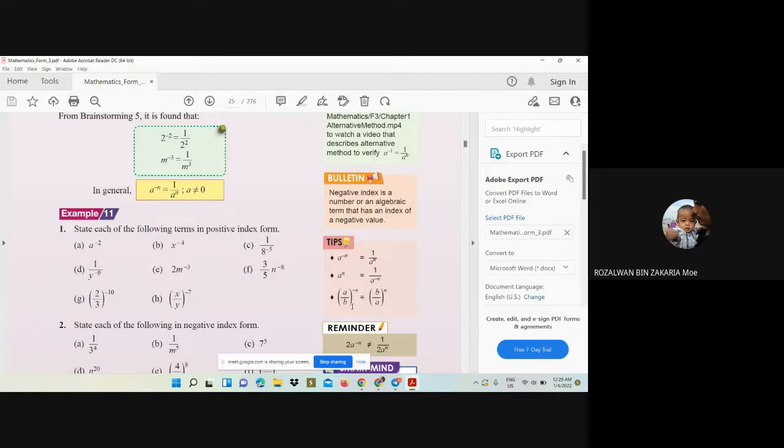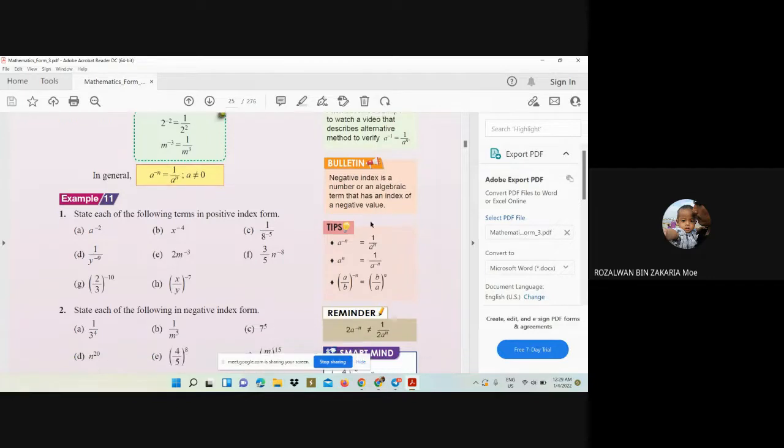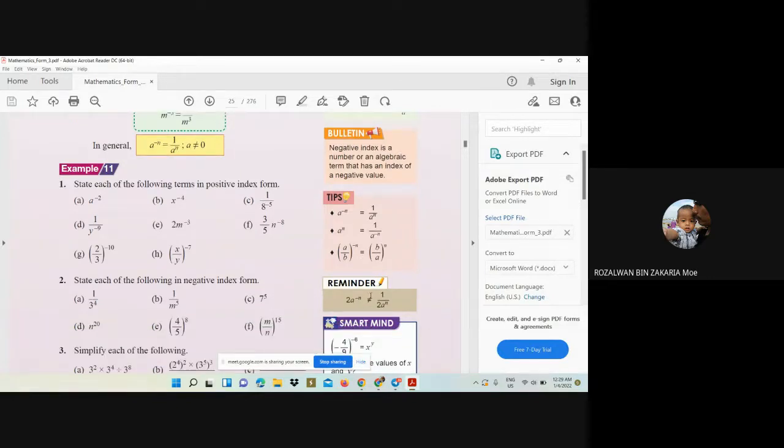And this one, in bracket, a divided by b, close bracket, power of minus n actually equal to, in bracket, b divided by a, close bracket, power of n. So please memorize and remember this one.